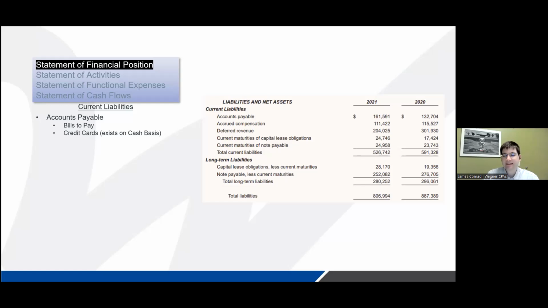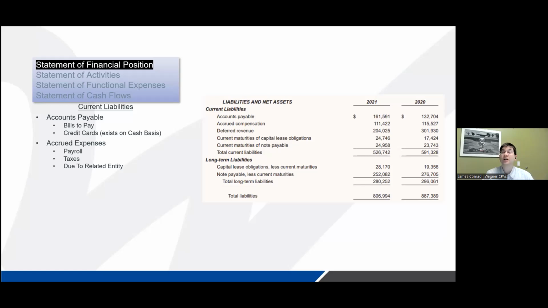Credit cards are technically accounts payable. You bought something on credit. And credit card transactions do exist on the cash basis because cash technically changed hands. It exchanged hands from the credit card company to the vendor, and now you owe the credit card company. So you will see credit card liabilities on cash basis reports.